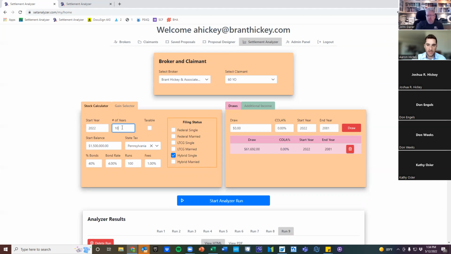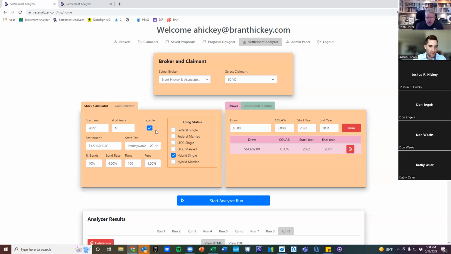What we're looking at in this case is a 10-year period certain for an attorney. We'll start, again, the start year is going to be the year in which the money would be deposited. Our number of years is going to be 10 because we're going to buy a 10-year period certain. This button is one that we have not hit yet. It's a taxable button.